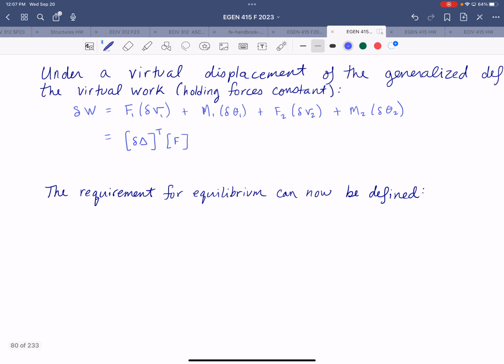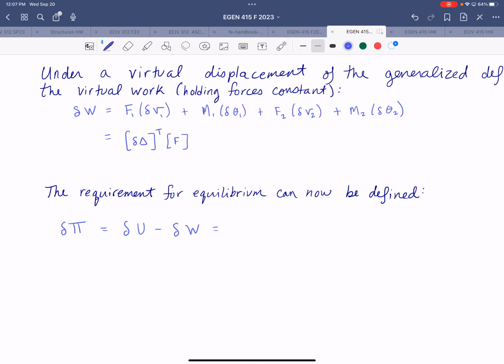And now imposing the requirement for equilibrium, the increment in potential energy is the increment in internal strain energy minus the increment in work done. And this is all due to virtual displacement, which is an imaginary displacement, so not real.